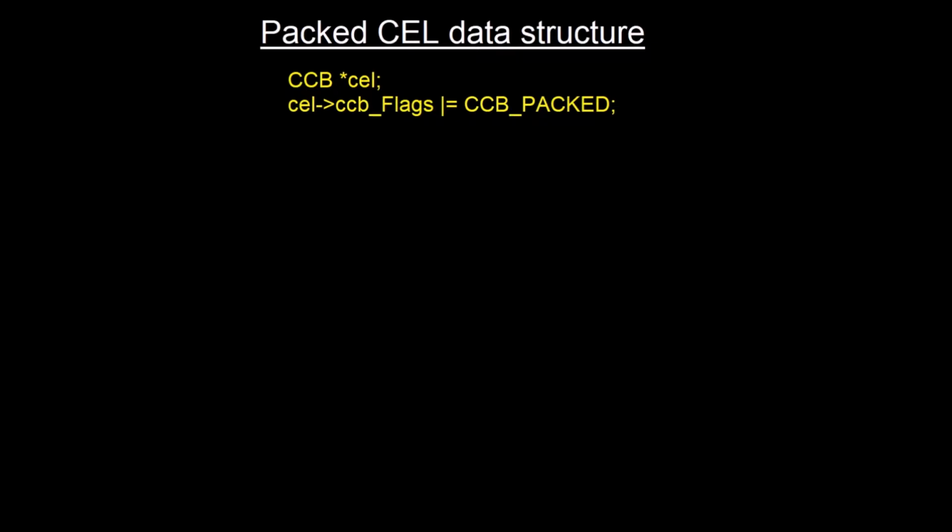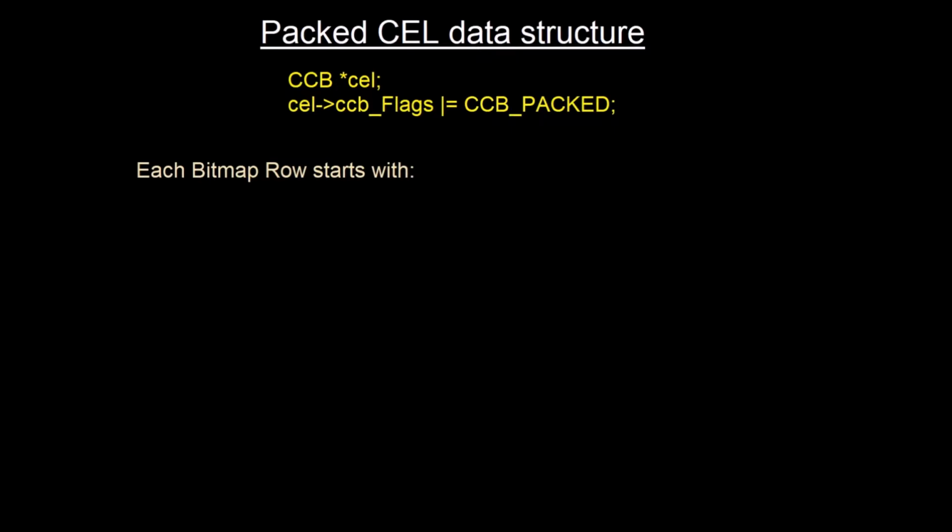I do it with an OR. This is the only thing you need to do. But of course, this will not magically pack your data. You have to pack it yourself, or you have to use a tool that takes unpacked data and creates the compressed, packed ones with the format that the CEL expects. And that's what I'm going to explain here.